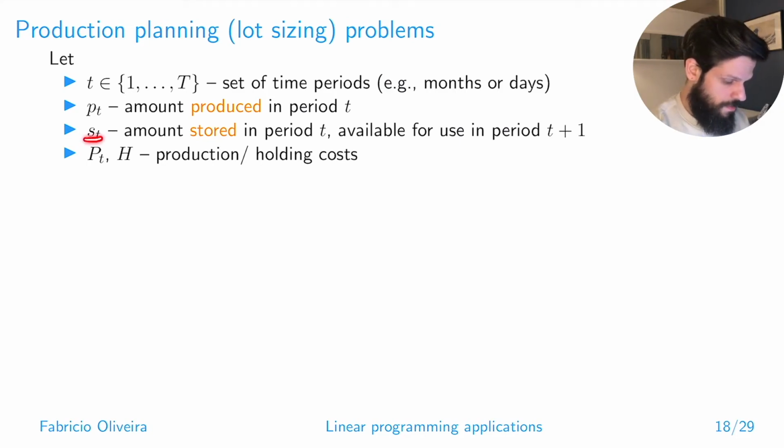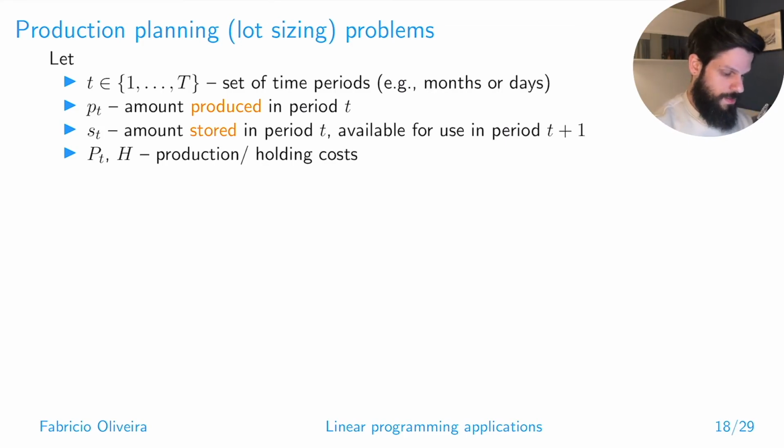S_t is going to be the amount stored in period t, meaning that this is the amount that is available to be used in period t plus 1. So I store today to use tomorrow. And I also have a production cost that depends on my time t, and a holding cost that doesn't depend on t, it is the same, the cost to store.